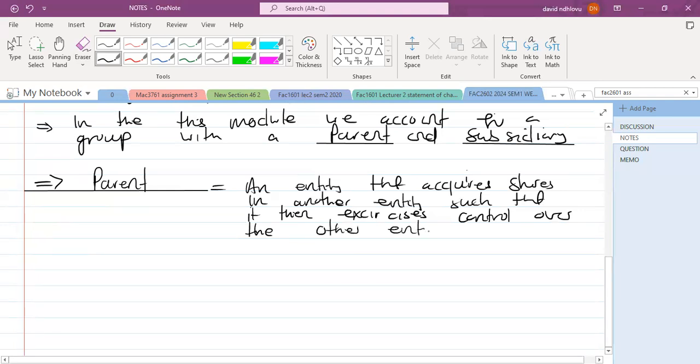Remember, a company is made up of shares. So if you buy enough shares, you will be able to determine decision making in a particular company. The one that controls the majority of the shares is most likely to have control of that company.